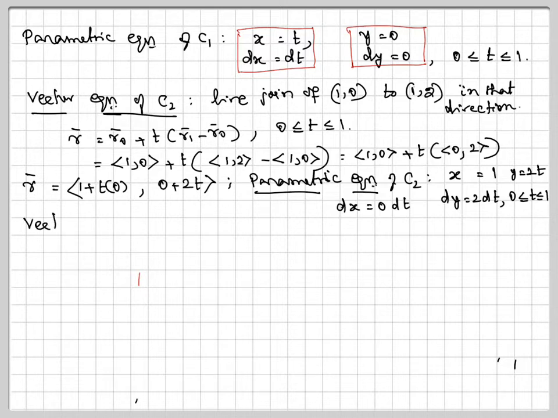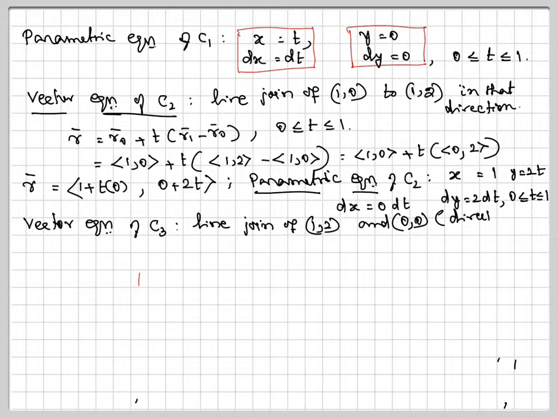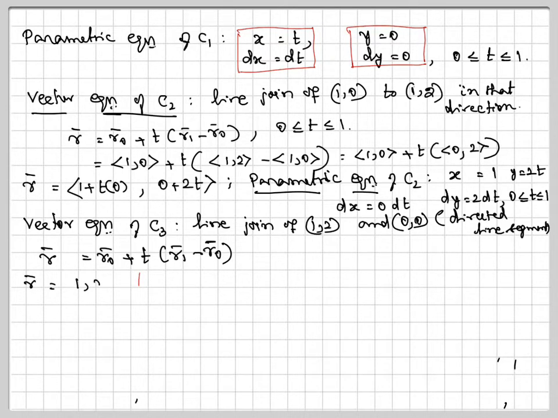Similarly, we have to get the parametric equation of C3. So first we'll start off with the vector equation of C3, the directed line segment joining (1, 2) and (0, 0). So vector r equals r0 plus t times (r1 minus r0). The initial point here is (1, 2), the position vector.